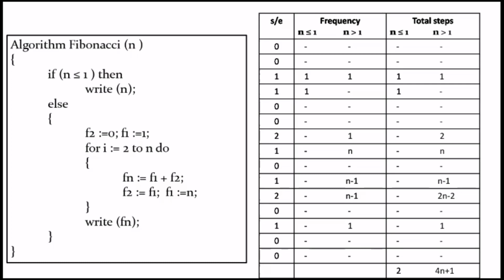So the answer will be 4n plus 1. So the total steps required by this algorithm is 4n plus 1 when the value of n is greater than 1. So if the value of n is less than or equal to 1, the steps required will be 2 steps, and when the value of n is greater than 1, then the steps required will be 4n plus 1.